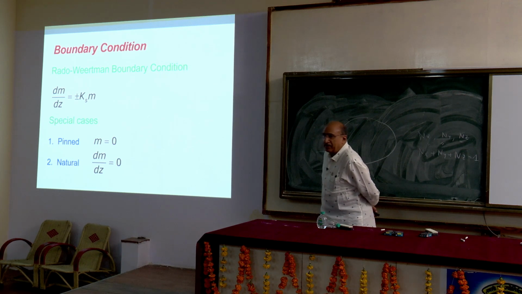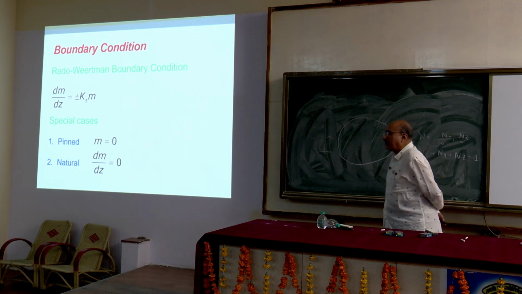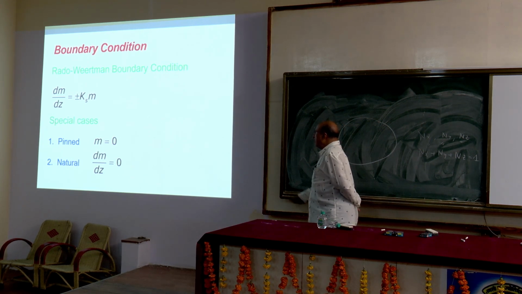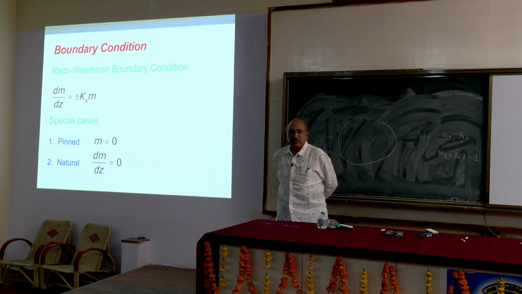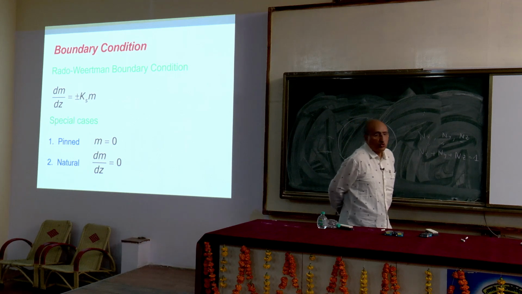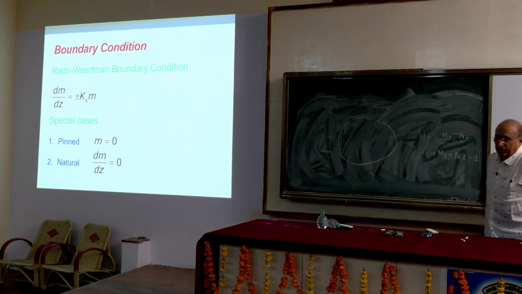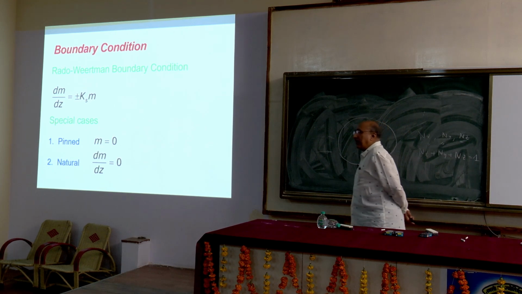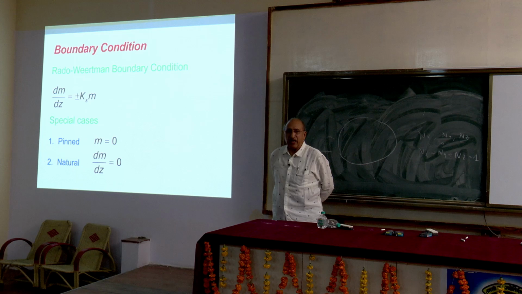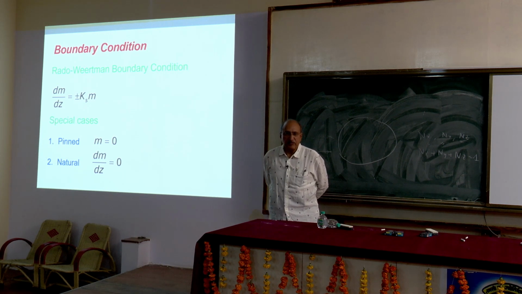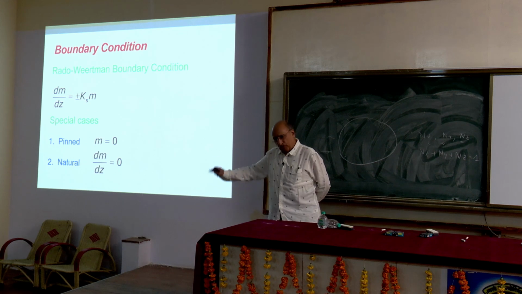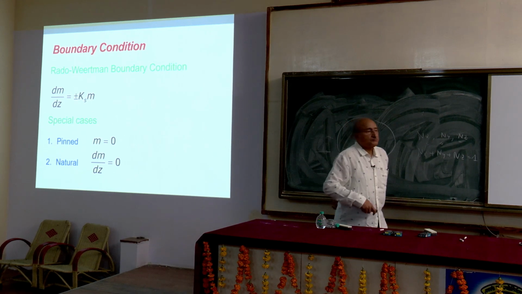There are two cases, one when Ks is 0 and another when Ks is very high. One gives you the pinned condition where m is equal to 0, and the other is what we call the natural boundary condition, which is dm/dz equal to 0. These are the two special cases. In the case of non-uniform precession, you have to solve this equation under these two boundary conditions. And if Hk and 4πMs are also functions of z, those equations become very complicated. But we being experimentalists, many times have tried to solve using this equation. I will tell you about that a little later.